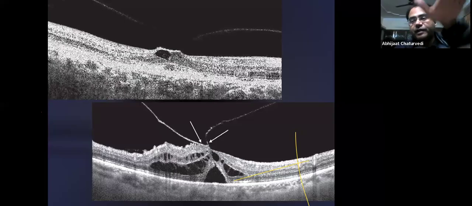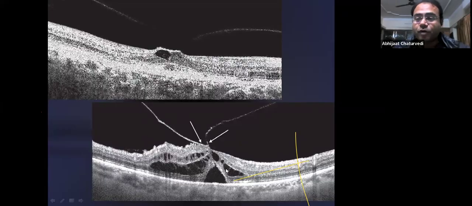There is traction, and because of this traction and stretching, there's a schisis-like thing happening over here. Always look for these lines or these striations. If they are there, it's not a cystic edema. Cystic means cyst, and a cyst is a circular thing. This is not a circular thing. This is not fluid inside. Rather, this is a schisis.